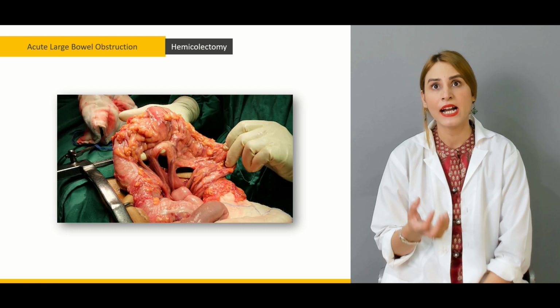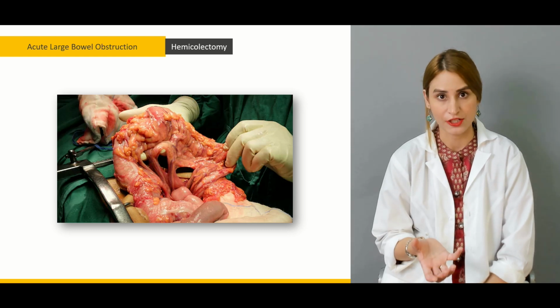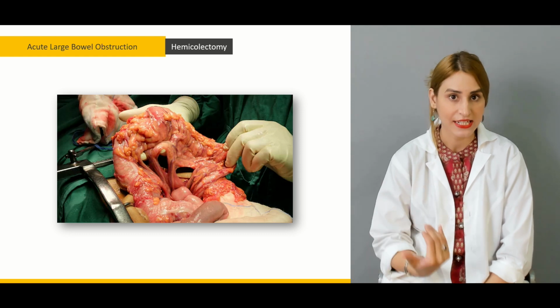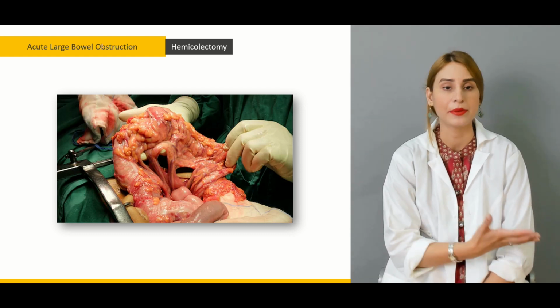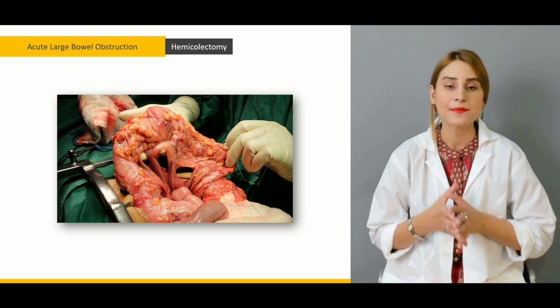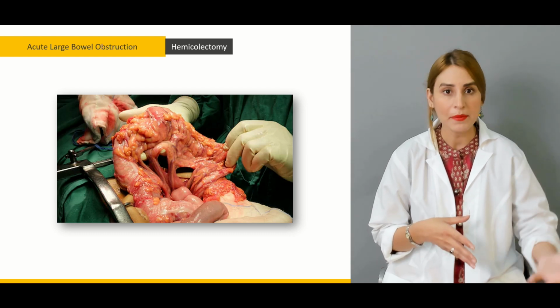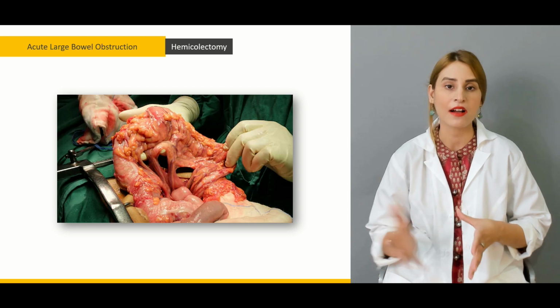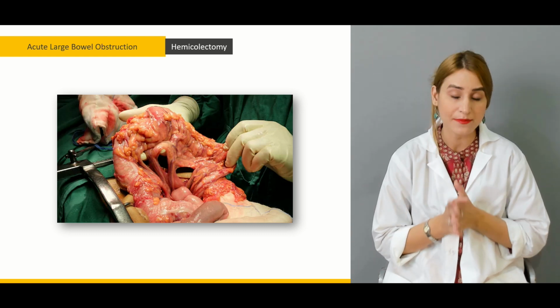Let me tell you that in large bowel obstruction, the constipation is more pronounced, and distension is also pronounced as compared to the small bowel obstruction. In small bowel obstruction, vomiting was more pronounced, but in large bowel obstruction, distension and constipation are more pronounced.